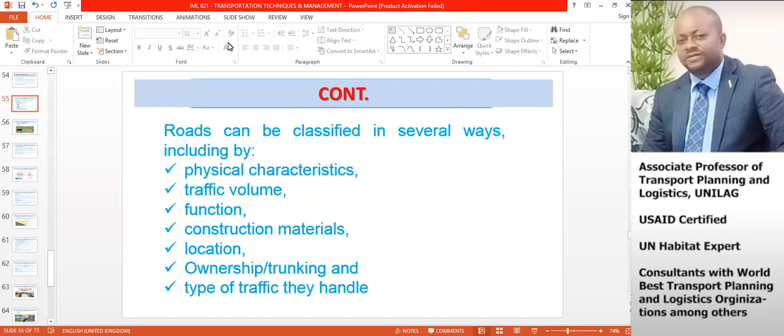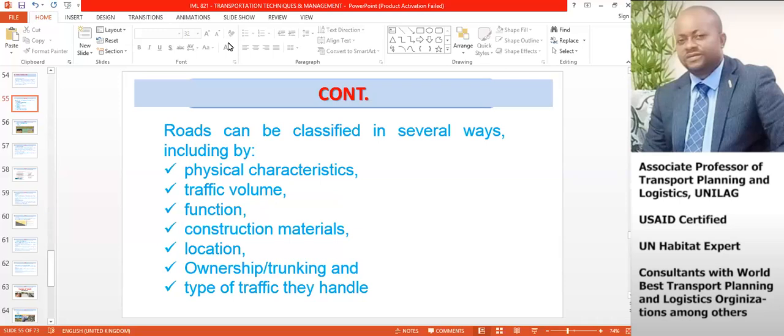Just as we have on the screen, those ways include physical characteristics, traffic volume, function, construction materials, location, ownership or trunking, and type of traffic that they handle. Some schools of thought will just stop at three.